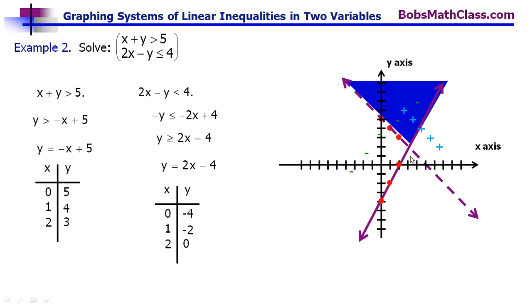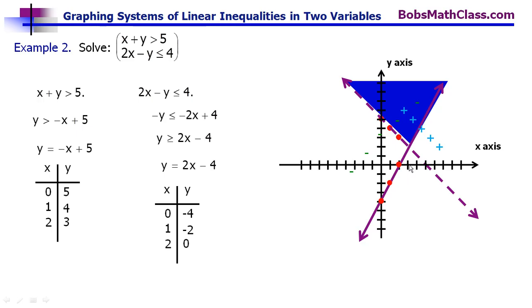If you were to take a coordinate that's in this area, let's say something like (3, 6), about right here. If x is 3 and y is 6, if you put that into both of these inequalities, it would come out true.